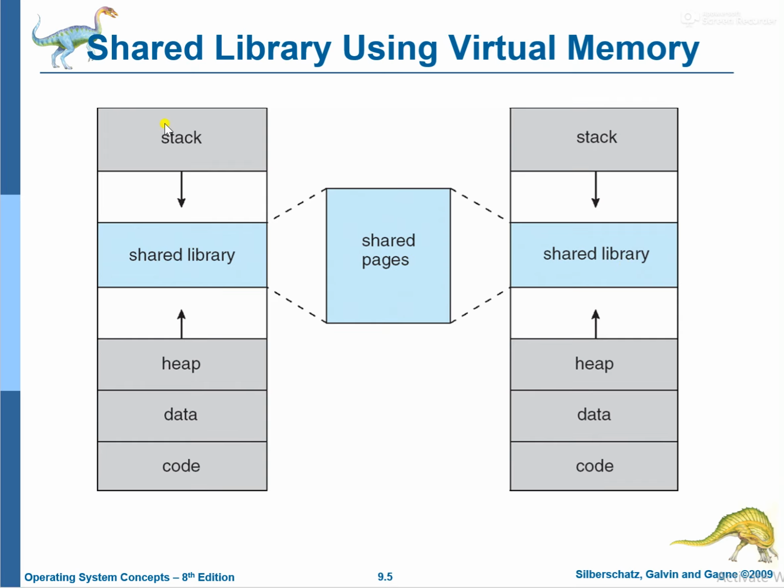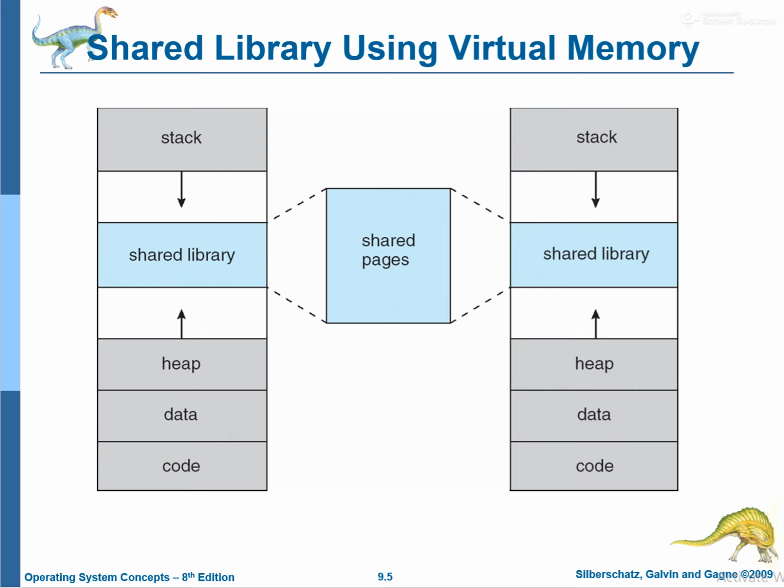Like in the logical address space, if these two processes are there, they have this shared library available in their logical address space, but in the middle we have shown the actual main memory. In the main memory only one copy of these shared pages exists, which is being shared by both processes. This can be used to share system libraries, like standard C libraries, among many processes through mapping of a shared object into the virtual address space.